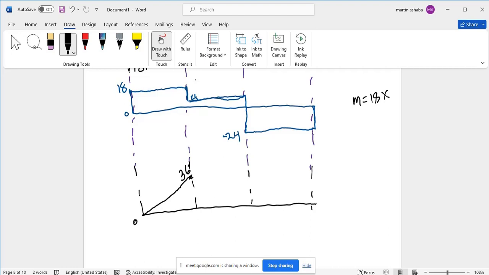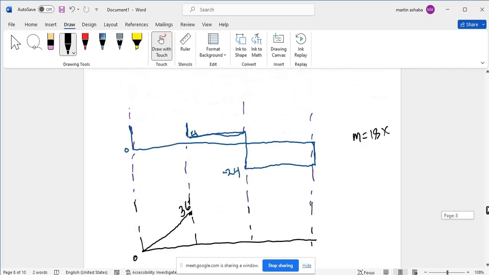So when we reach here, we now go to between B and C. Remember, this was A, and you have B.